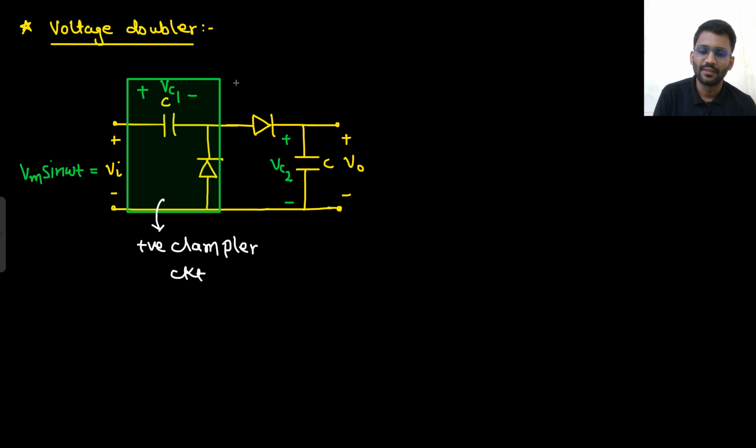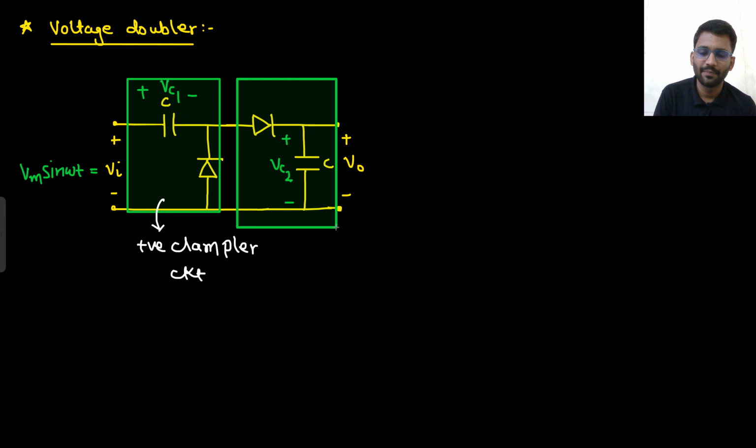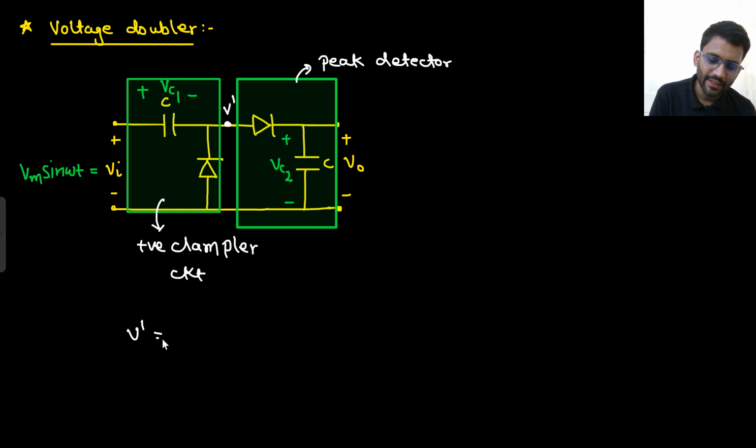And this is the peak detector, right? Let's call this potential V dash. So what will your V dash be? V dash will be Vi plus Vm, at steady state.